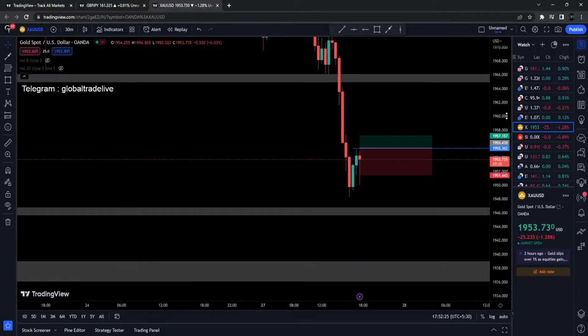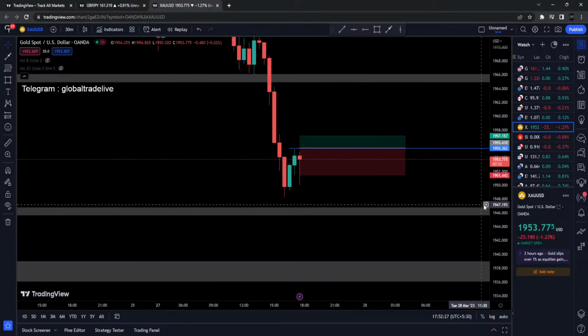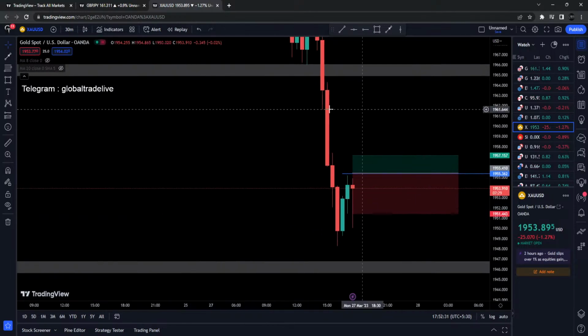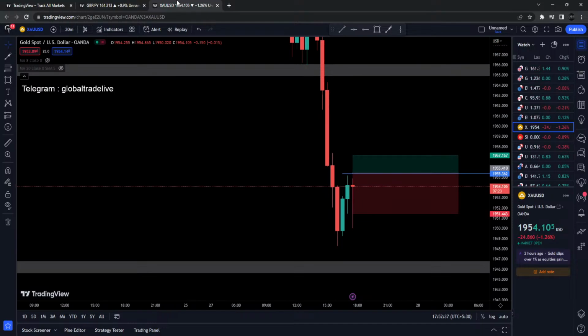After that, I'm gonna just wait for the next candle to form. So I'm gonna get ready with the terminal. So yeah, now it's about to break the high of the previous one.